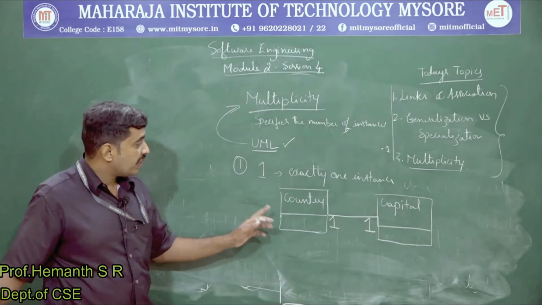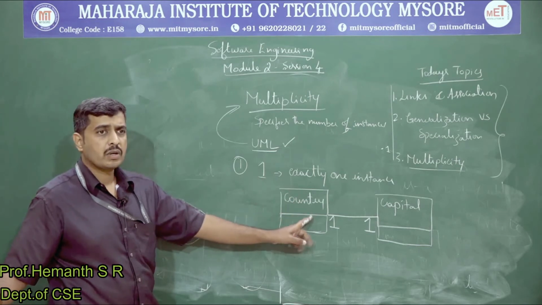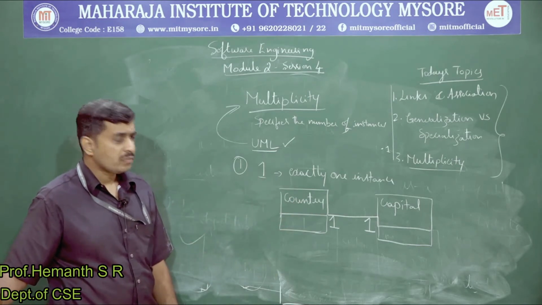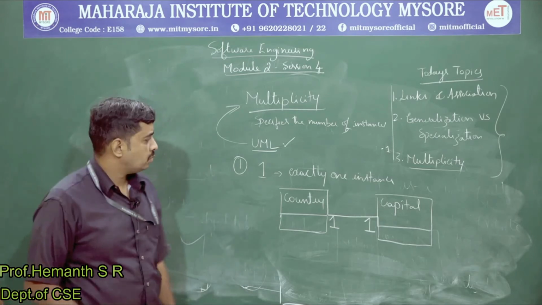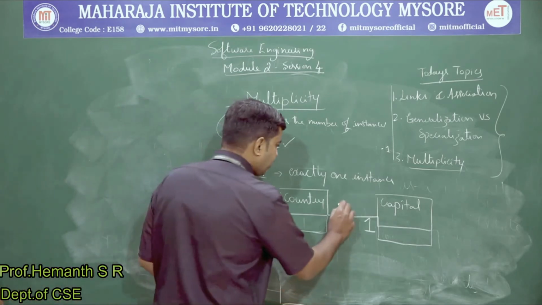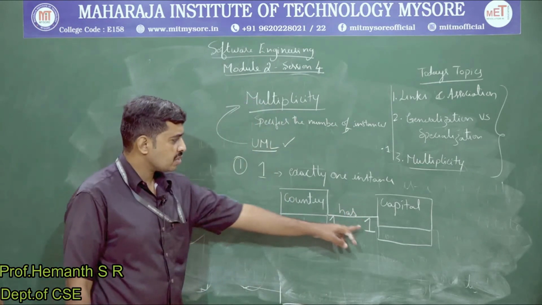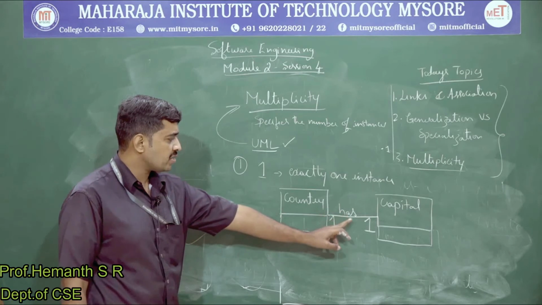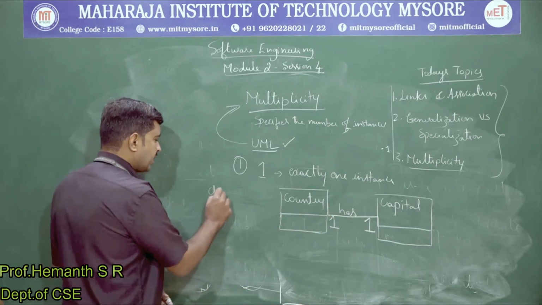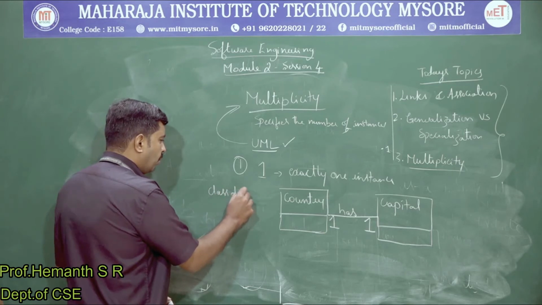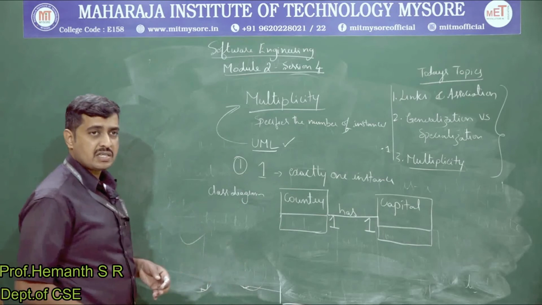This has been indicated by one instance. The action verb I can write here is "has": one country has one capital. So this was a class diagram marking the association between the classes.